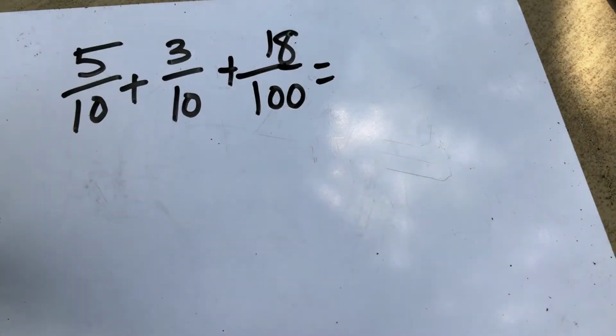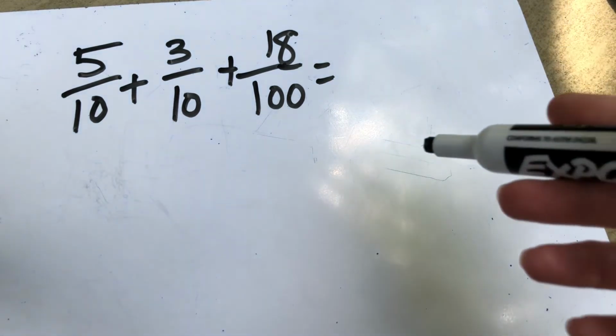So let's think about this for a second. So either all of your denominators could be 10, but then you would have a mixed number that you'd have to add in there. And you could do that, but why don't you just change your denominators to 100? Since you already have, I think that would be the easiest on this.